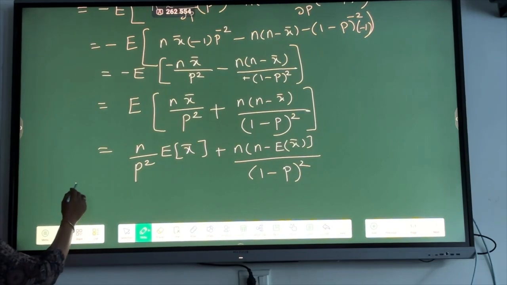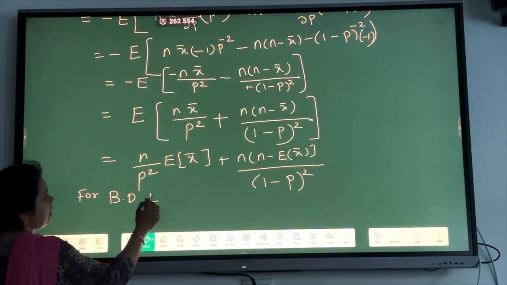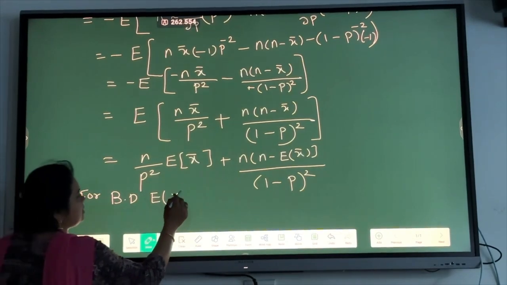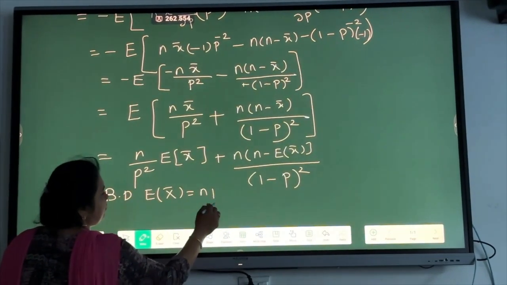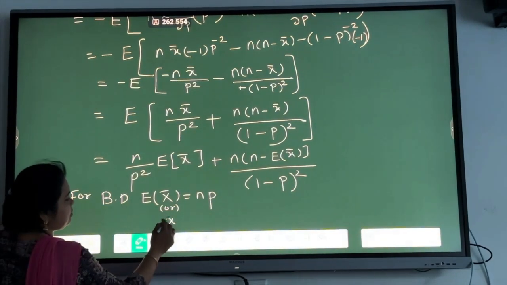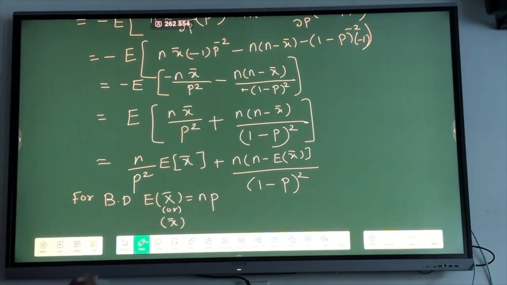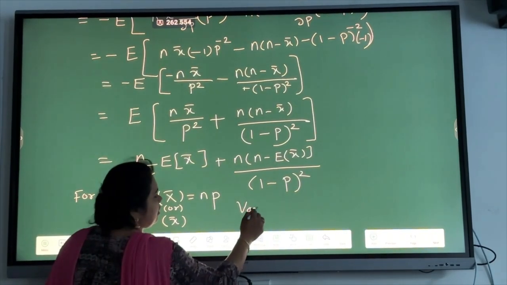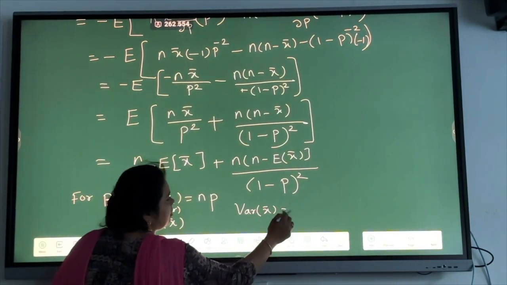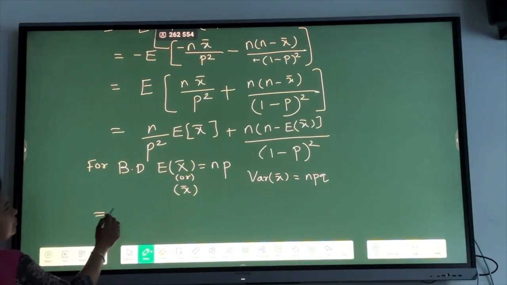So you know that for binomial distribution, expectation of x is NP. Or instead of x, you can write x bar also. And variance is NPQ. So, substitute the term here.